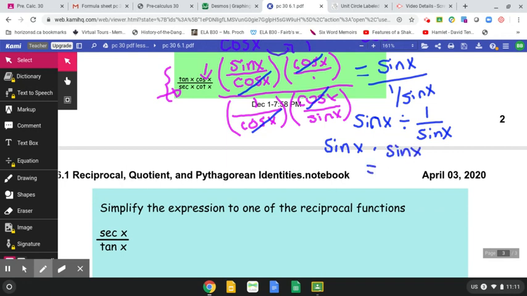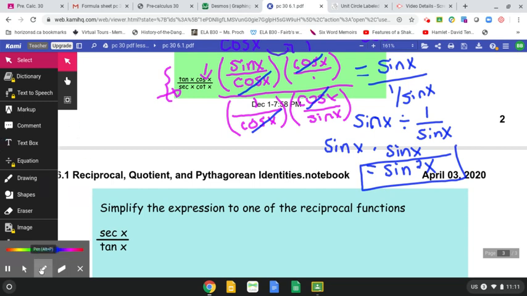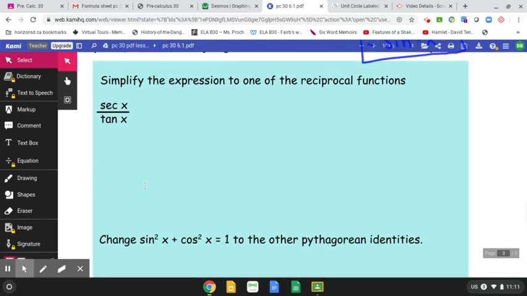Now sine x times sine x is actually sine squared x. And that's how you write that. There's 2 of them. So really not that bad. Honestly, as long as you can write it in terms of your sine and cos, you're going to be just fine. All right, we get to do this again.